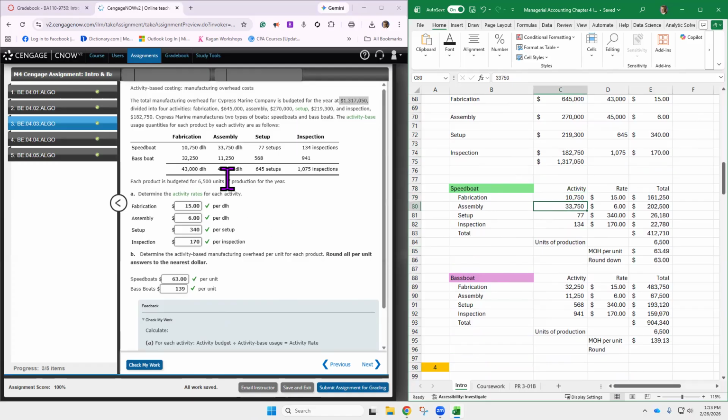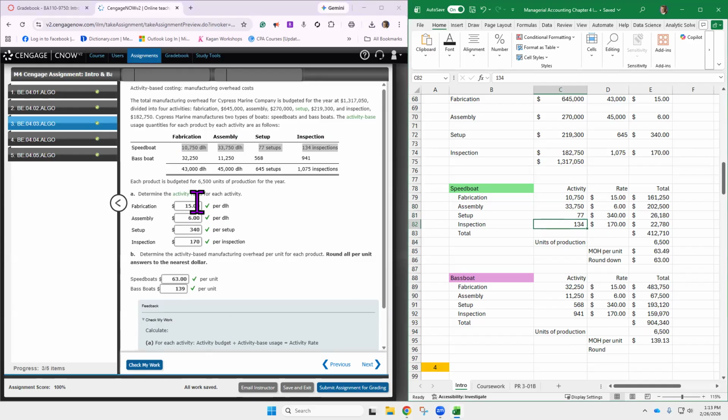Assembly has 33,750. All of these belong to the speedboat, and I've got them all here. 10,750 in direct labor hours, 33,750 in assembly. There are 77 setups and 134 inspections.